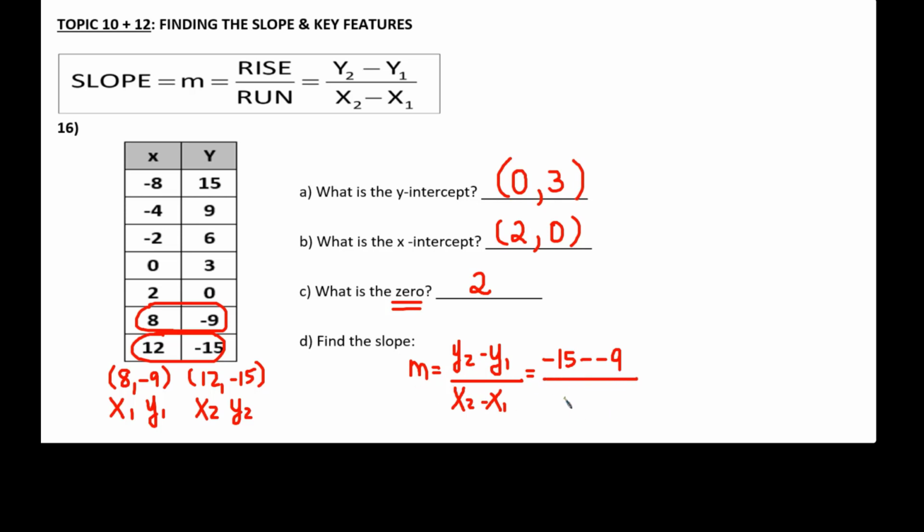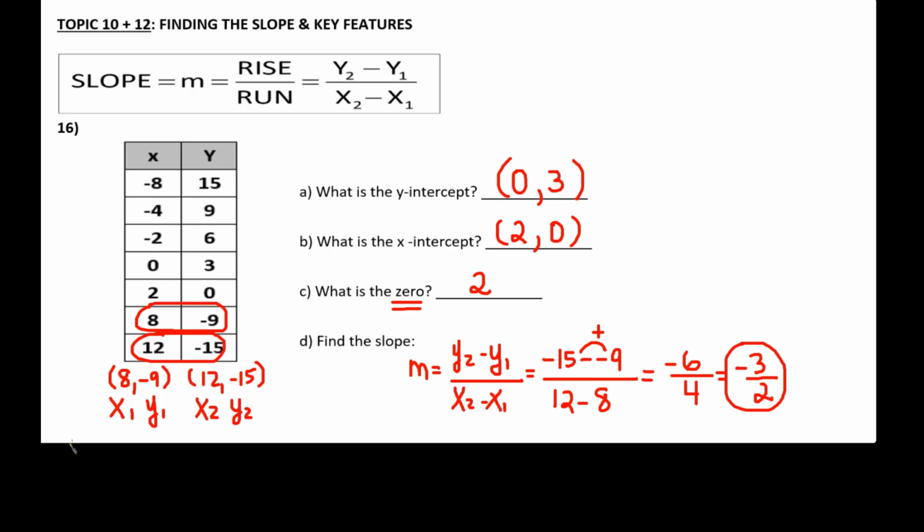Next one is x2, 12 minus x1, which is 8. So now 2 negatives become positive, so negative 15 plus 9 is negative 6, and 12 minus 8 is 4. When you put that in the calculator, this will be negative 3 over 2.